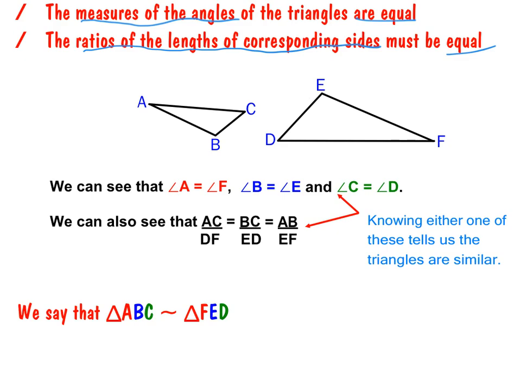We would find that angle A is equal to angle F. We would find that angle B would be equal to angle E. And we would also find that angle C would be equal to angle D. And that's if we took a protractor and checked those angles out.